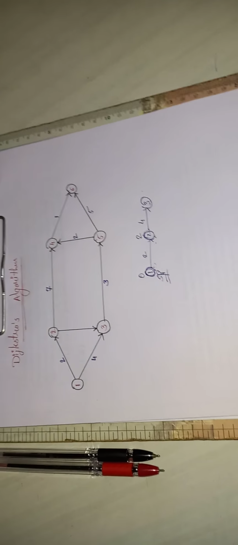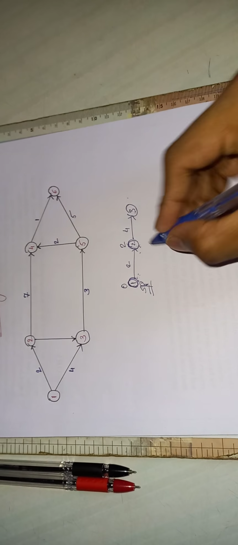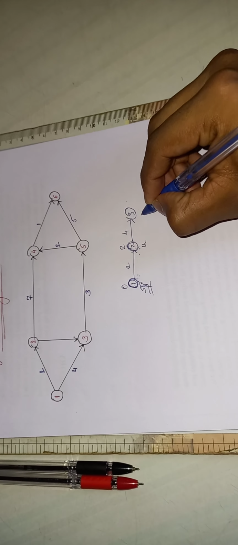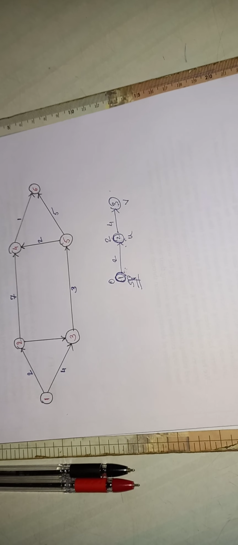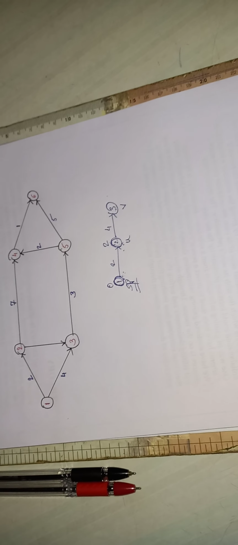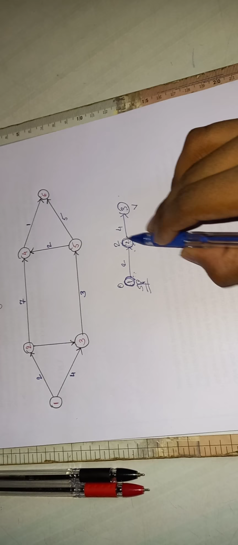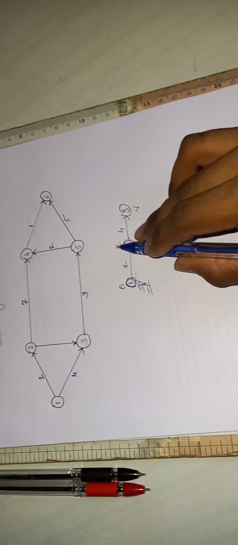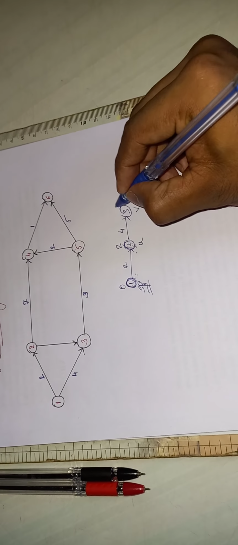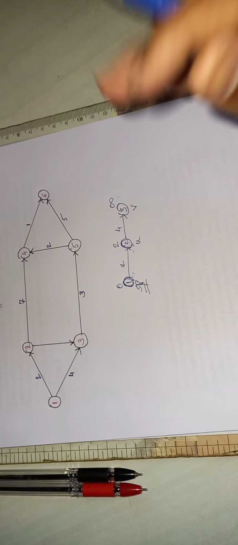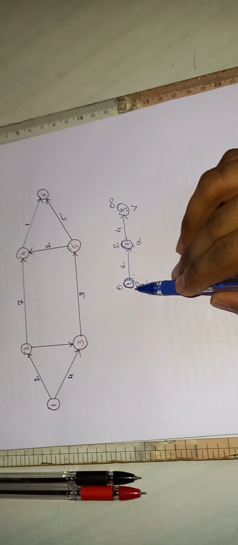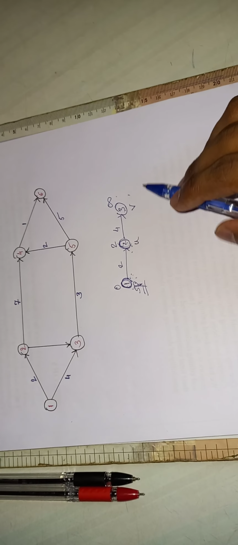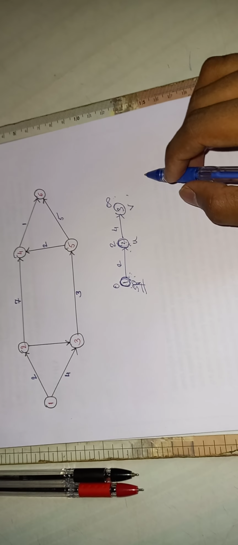Let's consider this u and this v, so we have to calculate the shortest distance. The distance of 2 is 2, but the distance of 3 is unknown, so we consider it as infinity.